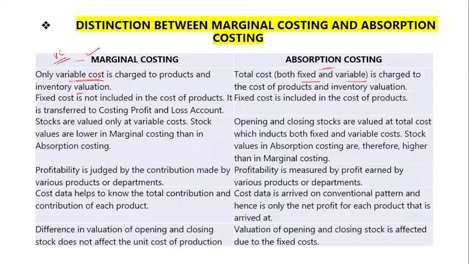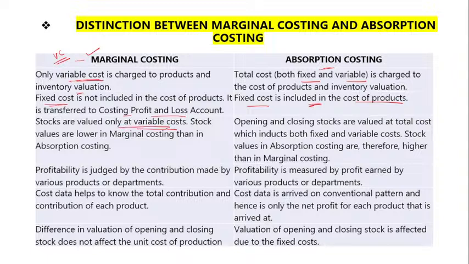Now in marginal costing, fixed cost is not included in the cost of product. We do not include the fixed cost when calculating the cost of product; it is transferred to the profit and loss account. What about absorption costing? The fixed cost is already included in the cost of production. In marginal costing, stocks are valued only at variable cost.